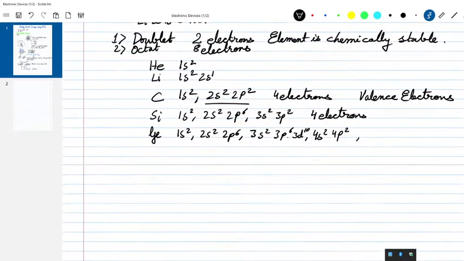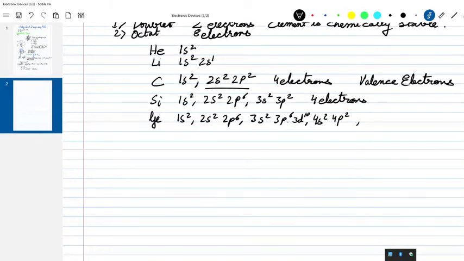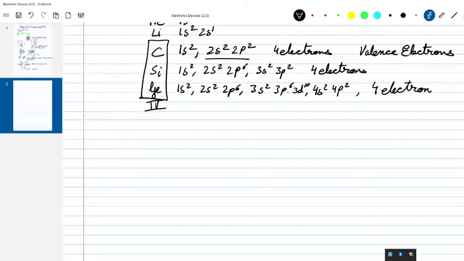So let's sum them up: 6 plus 4 is 10, 20, 28, 30, and 32. So it again has 4 electrons in the outermost orbital. So you see, this is group 4, and this is group 4. Correct? Now, this group is a special group, and all of electronics deals with this group.